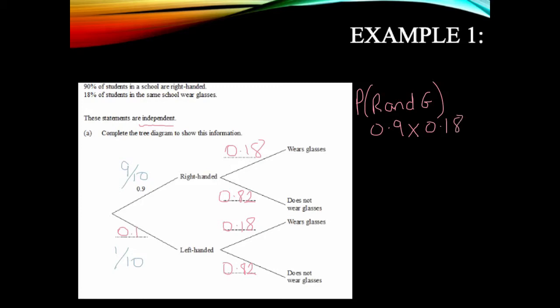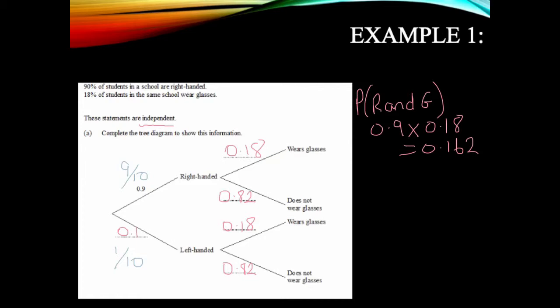And I can do that either using a long multiplication method, maybe grid or something similar, or you might be asked to do this on a calculator paper, in which case you can just type it in and get an answer. In this case, we get 0.162.